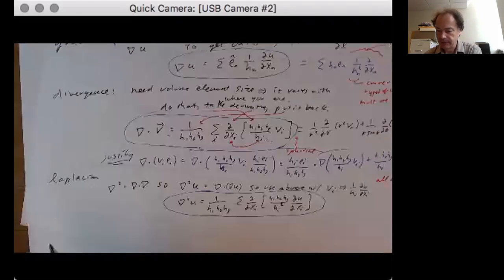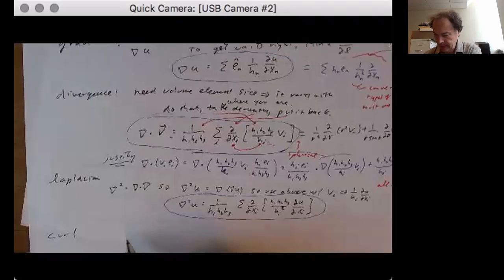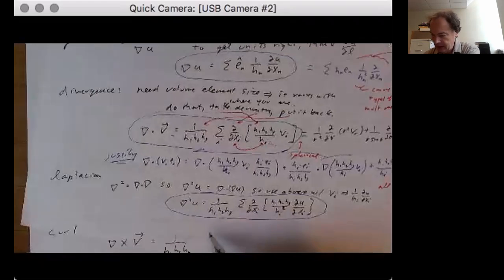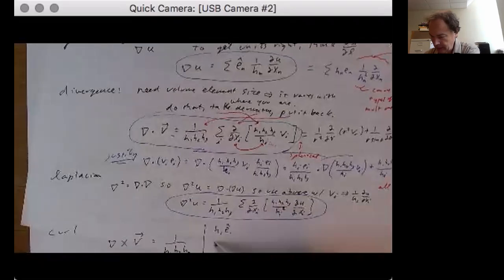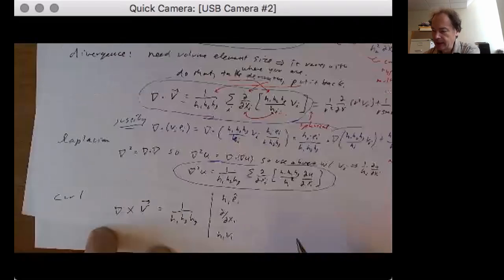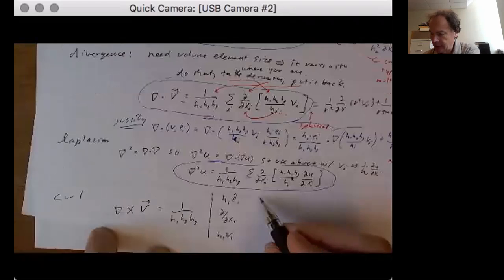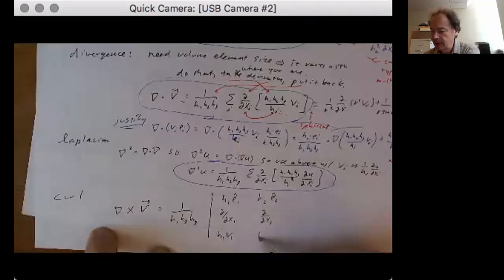And the final one to do is the curl. Del cross v is equal to 1 over h1 h2 h3 times the determinant of basically the unit vectors h1 e hat 1, partial x1, h1 v1, and then we run the same thing for the 2's and the 3's: h2 e hat 2, partial x2, h2 v2, and h3 e hat 3, partial x3, h3 v3.